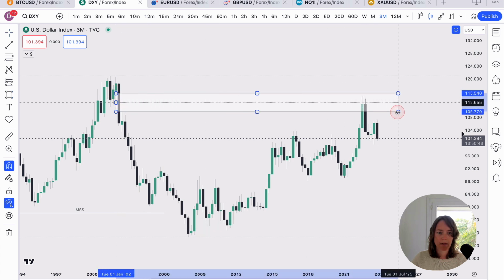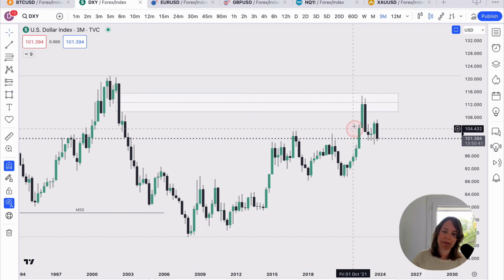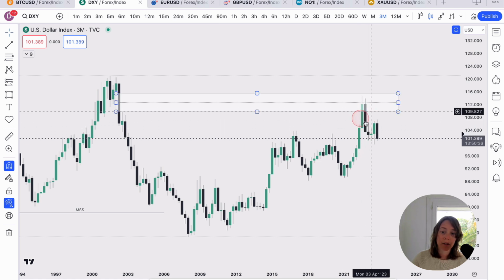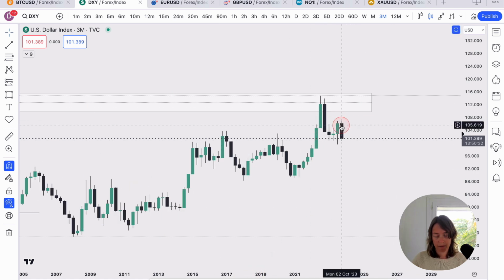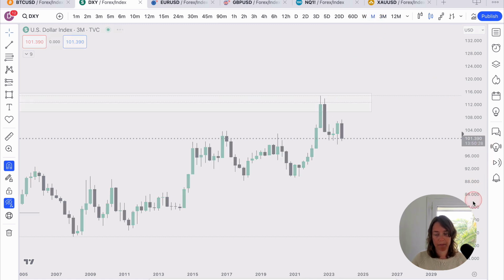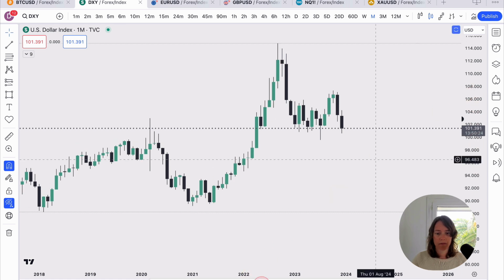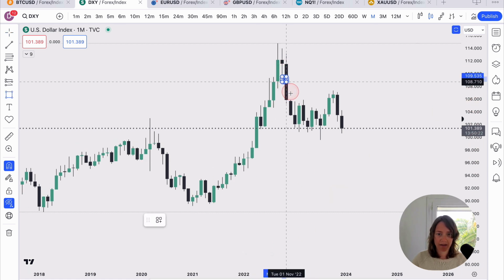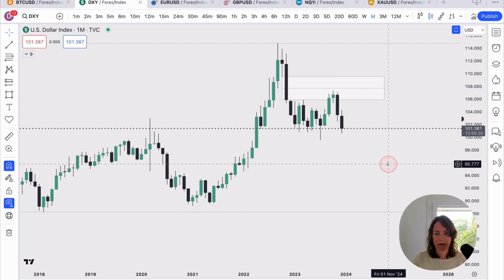So it traded up into here. And what did it do after that? It created a bearish engulfing candle over here, creating this bearish order block. And it tapped into that right now, within a monthly fair value gap. So again, a fair value gap that kept price down.